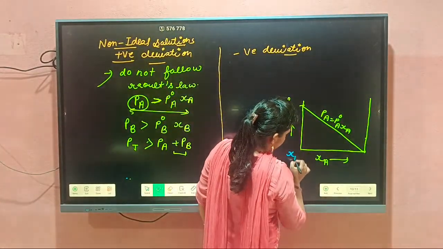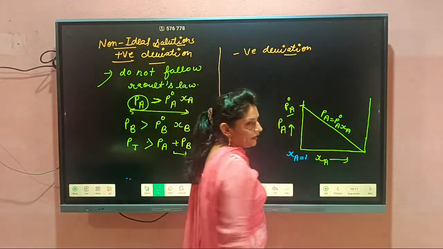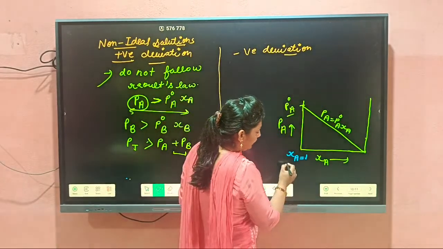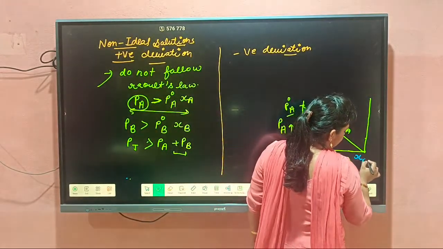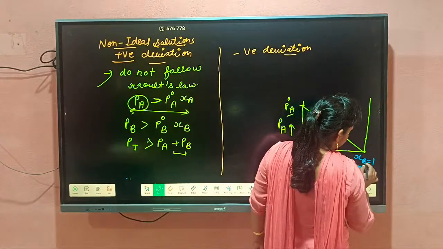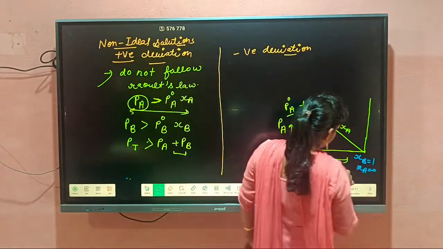here mole fraction value XA will be 1 and XB is equal to 0. At this point, XB is 1 and XA is equal to 0.